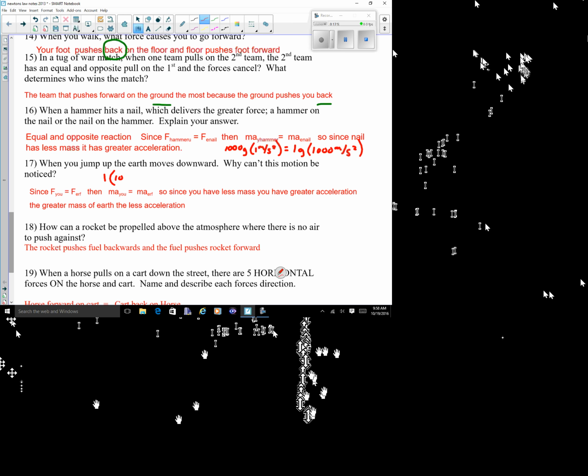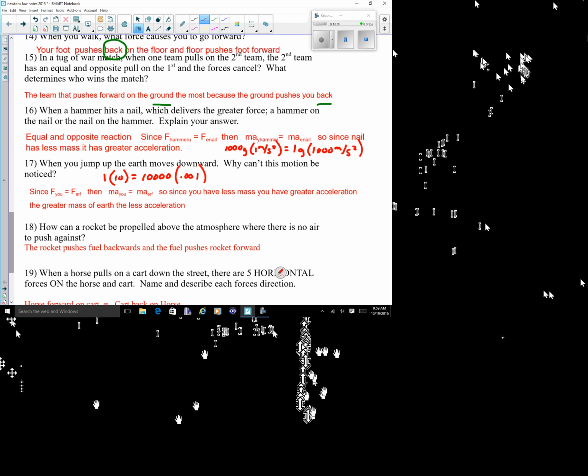So therefore, if it has a huge mass, let's say it has a mass of 10,000, that means it's only going to accelerate at 1,000th of that. So it'd be 0.001. And so you can't hardly notice that whatsoever. I just made those numbers up. So the bigger mass you have, the less acceleration you're going to have.